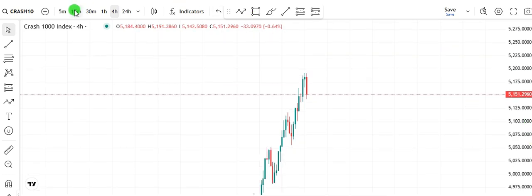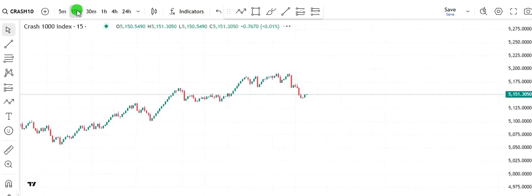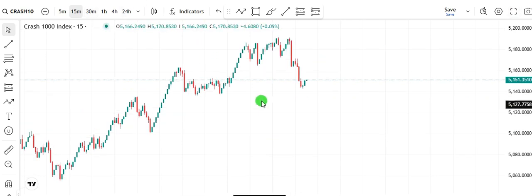You should look for a bullish trade on the 15-minute chart. Of course, for now, we can't really see any bullish trade.